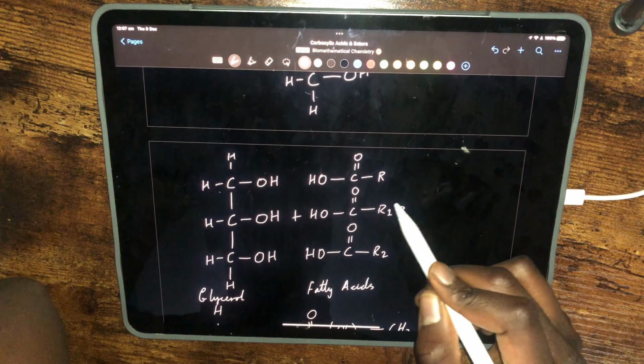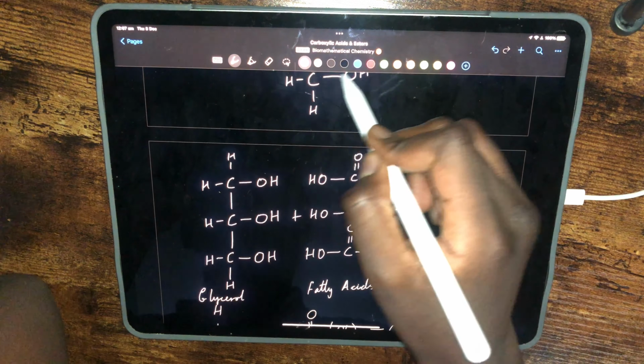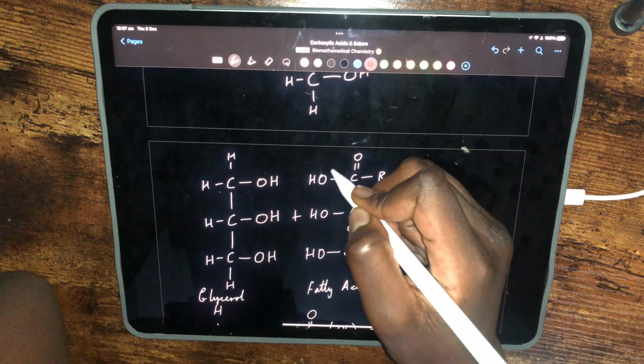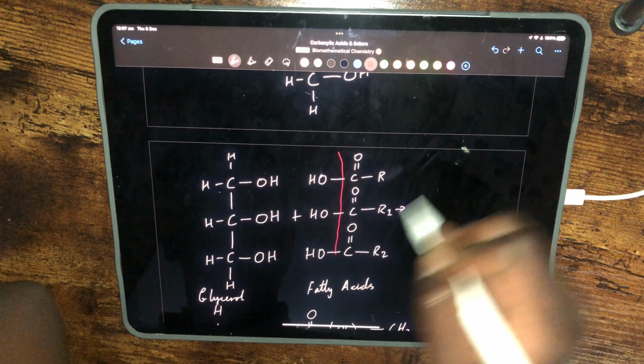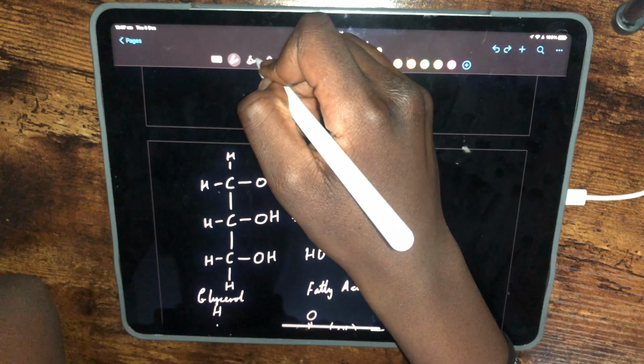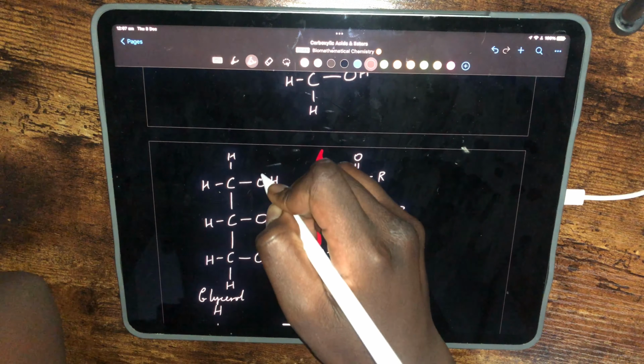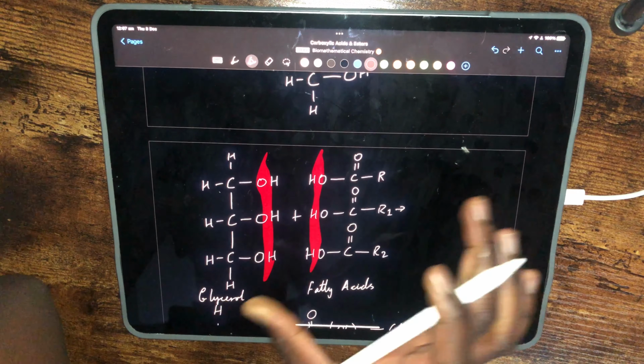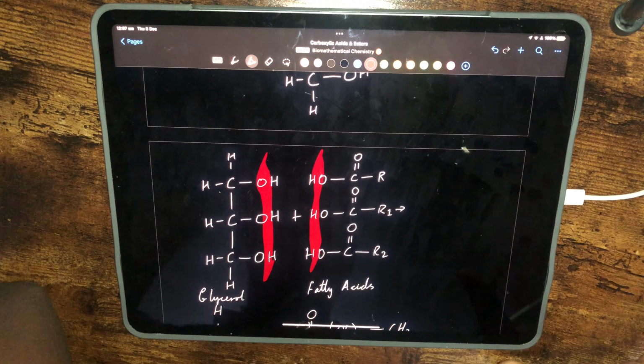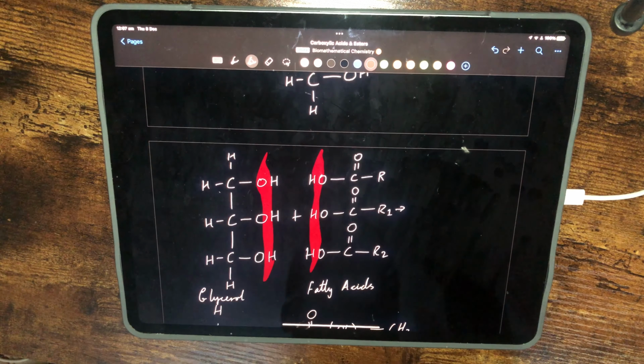The only thing that's relevant in this esterification reaction is this part here, these hydroxyl groups. These are the things that actually matter during this reaction.